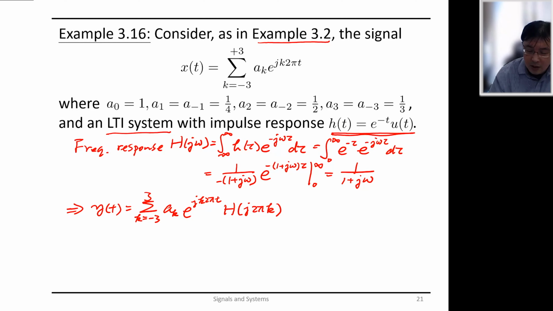If you plug this in, what you get is the summation k from -3 to 3 of a_k times 1 over 1 plus j 2 pi k, times e to the j k 2 pi t.